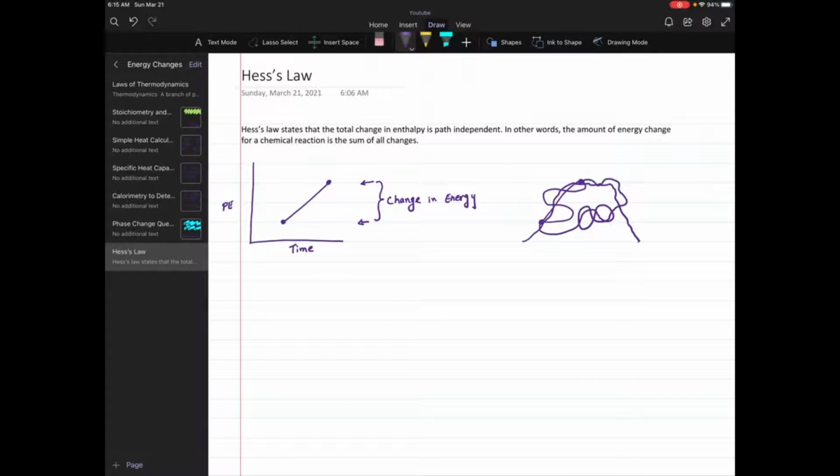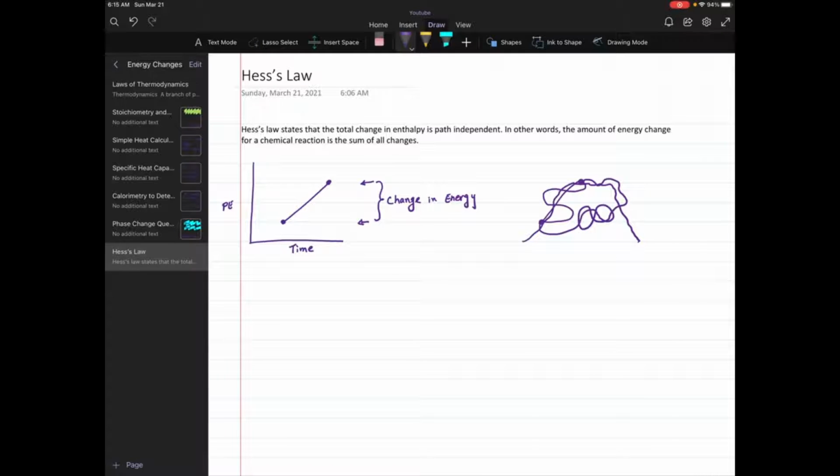It does not matter how they got from the starting point to the finishing point. What is important is their starting point and their finishing point. That's what is meant by path independent.